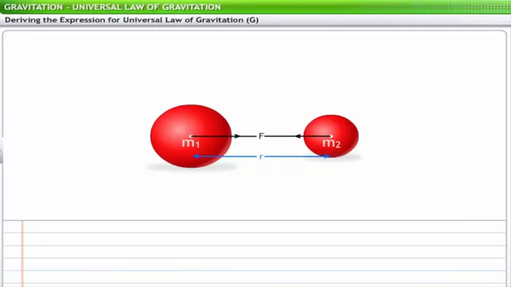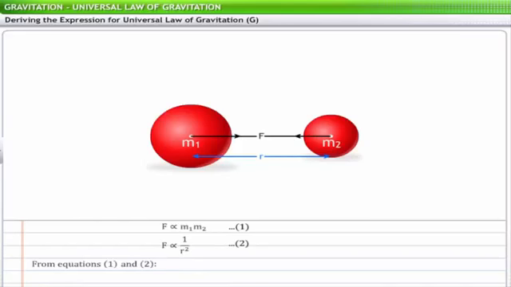According to Newton's universal law of gravitation, gravitational force between two bodies, F, is directly proportional to the product of masses of both the bodies, m1 and m2, and inversely proportional to the square of the distance between them, r.